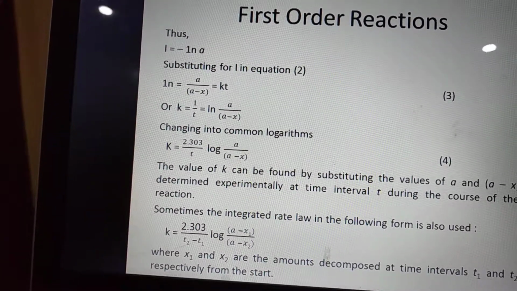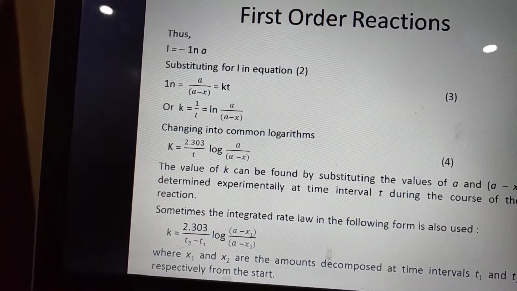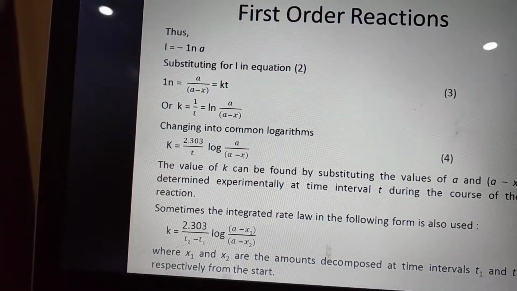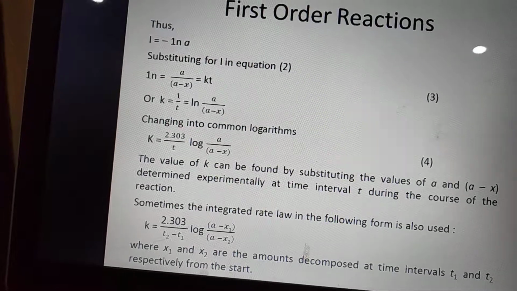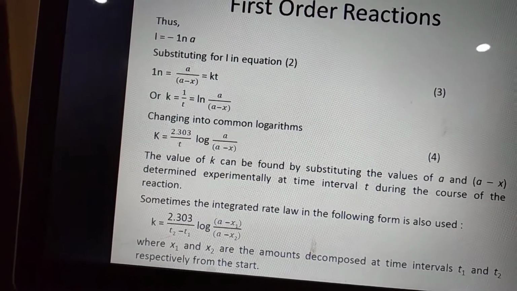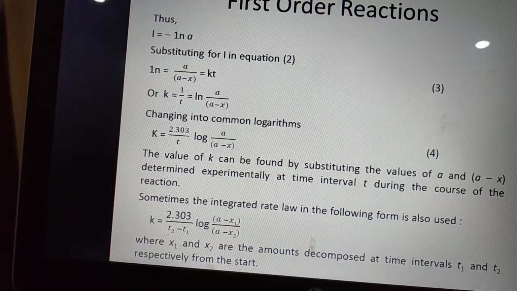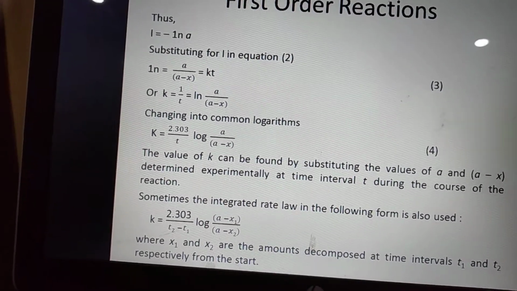Thus the value of the rate constant k can be found by substituting the values of a and a minus x determined experimentally at time intervals t during the course of the reaction.